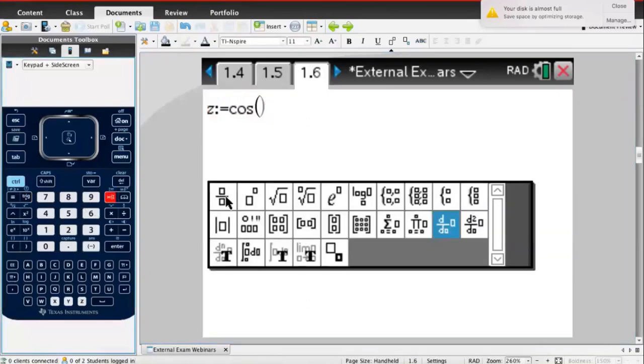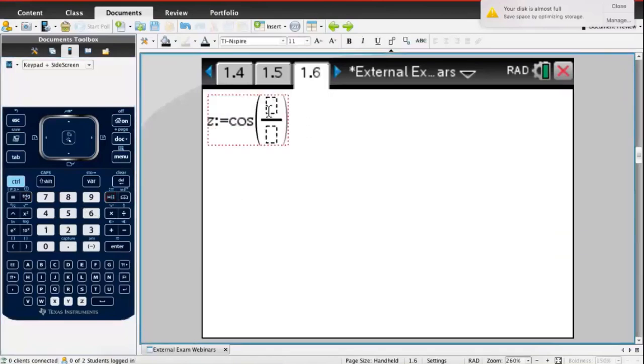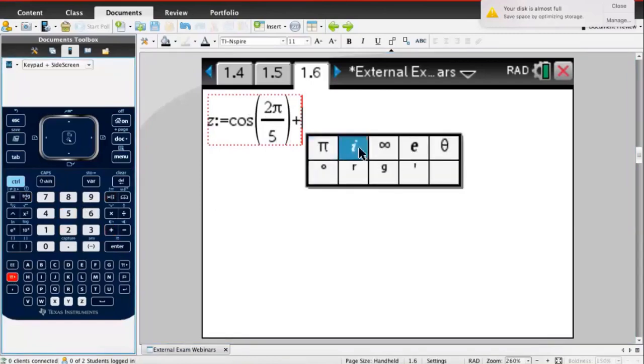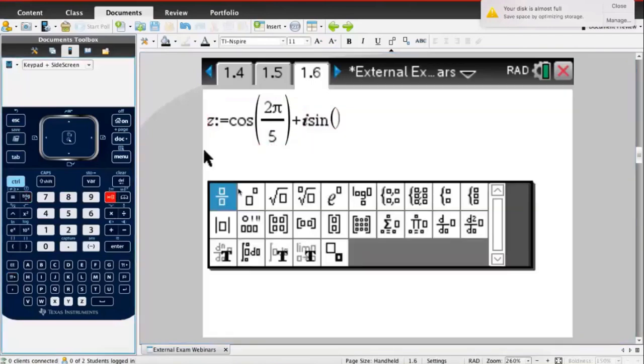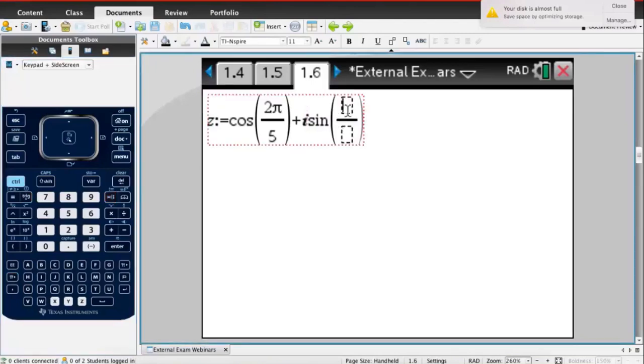So it was cos of, here's a fraction template here, cos of 2 pi on 5, and just make sure you jump outside there because we want to add in i sine. So i sine, and use the fraction template again, 2 pi on 5.